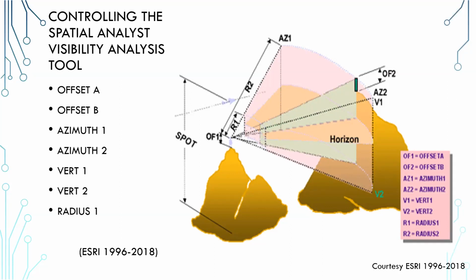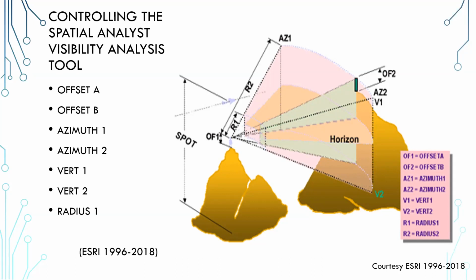Radius 1. The radius 1 item defines the start distance from which visibility is determined. Note that cells closer than the radius 1 search distance are not visible in the output raster, but they can still block the visibility of cells between radius 1 and radius 2.